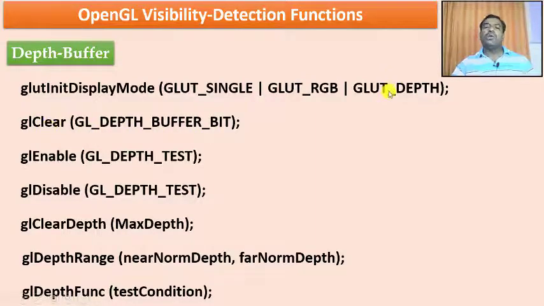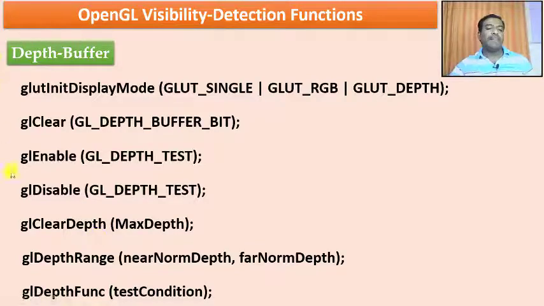And once you activate a depth buffer, you need to activate the depth buffer algorithm. If we want to activate the depth buffer algorithm, we need to use glEnable with GL_DEPTH_TEST. And if you want to deactivate the Z buffer algorithm, glDisable. And when I'm going to set the depth buffer, as in the previous slide I just showed, we are going to initialize it with the value 1. That's the maximum value.